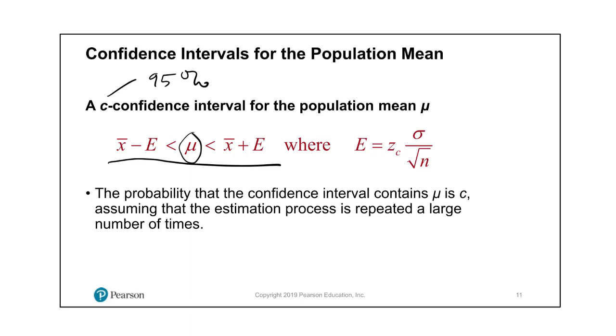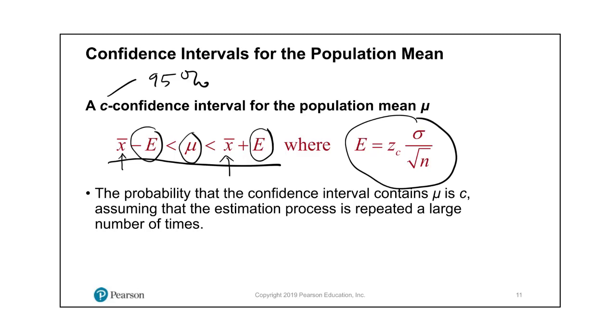So what we're doing is we're taking the x bar, our point estimate, and on one end of the interval, adding the margin of error, on the other end, subtracting the margin of error. Okay, and this was our margin of error calculation before. So that's how we're building this interval.